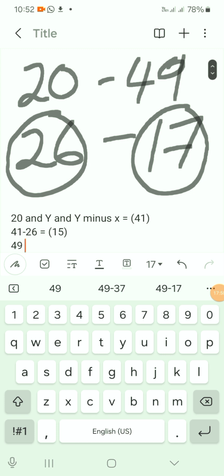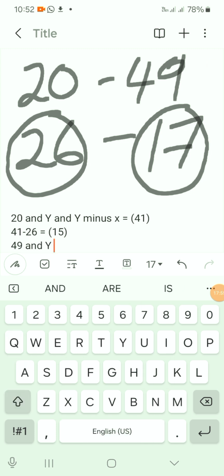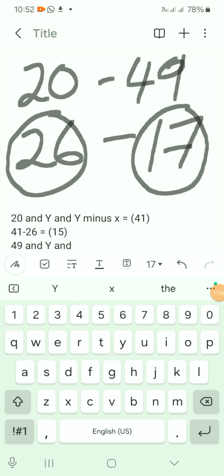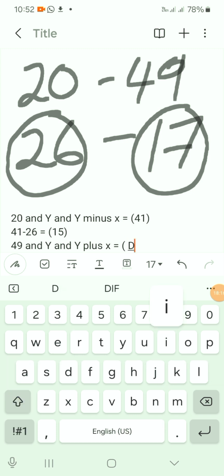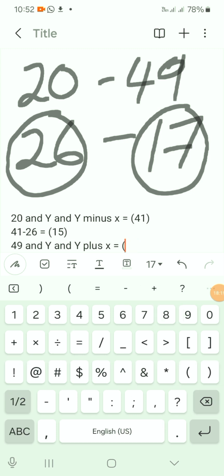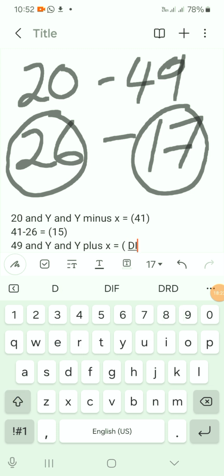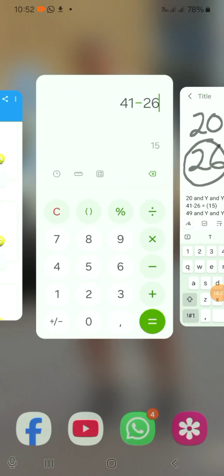We say 49 and y again, plus x, equals the difference, right? Now let us confirm what the difference is.